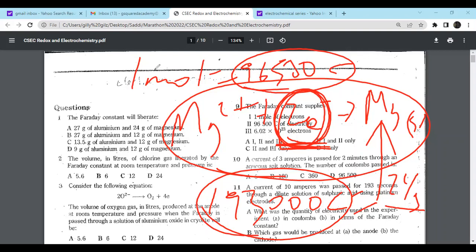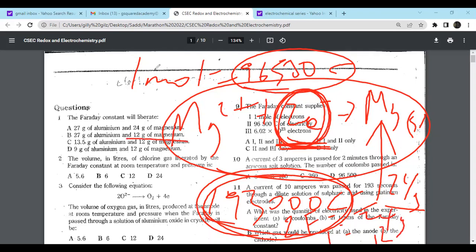Okay, look at the second one, 27 grams of aluminum and 12 grams of magnesium. The 12 grams is fine because half a Faraday would produce 12 grams, since 2 Faradays is equal to 24 grams, so 1 Faraday would be equal to 12 grams.